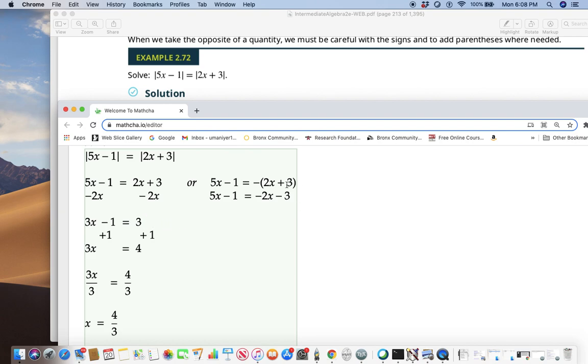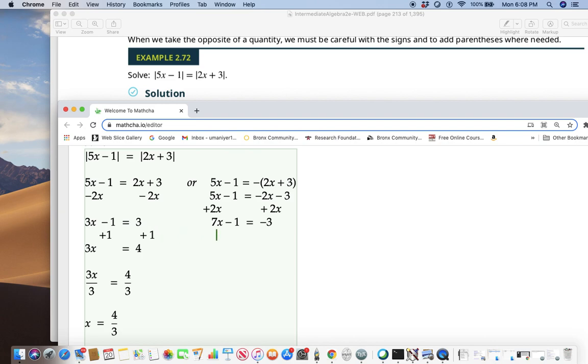At this point, I want to get rid of that negative 2x, so I will add 2x to both sides, which gives me 5x plus 2x is 7x. That negative 1 minus 1 equals negative 2x plus 2x cancel. I'm left with negative 3.